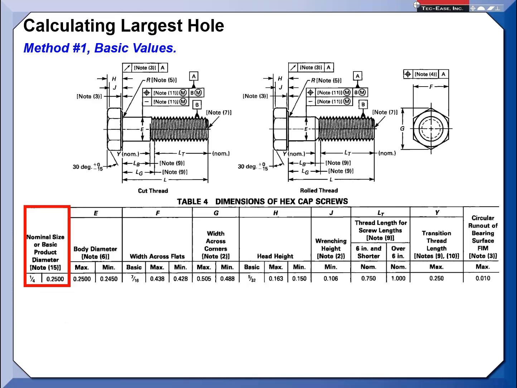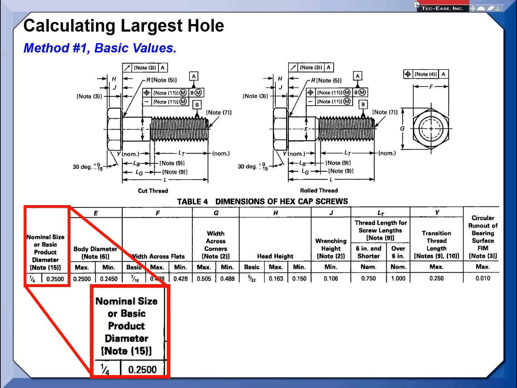On this chart, the basic for the bolt would be 250. That's what they're alluding to here, nominal size or basic value. Now, there is tolerance on these bolts, but right now I was saying use the basic. So the fastener diameter, the nominal or basic value, would be 250. That would be the fastener size.